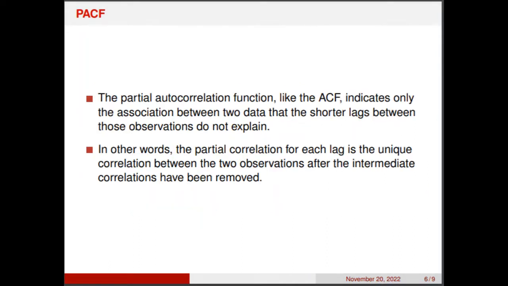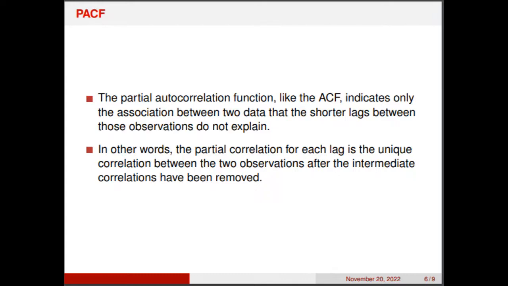The partial autocorrelation function is almost like the autocorrelation function itself, but it indicates only the association between two data points that the shorter lags between those observations do not explain. In other words, the partial correlation for each lag is the unique correlation between two observations after the intermediate correlations have been removed.